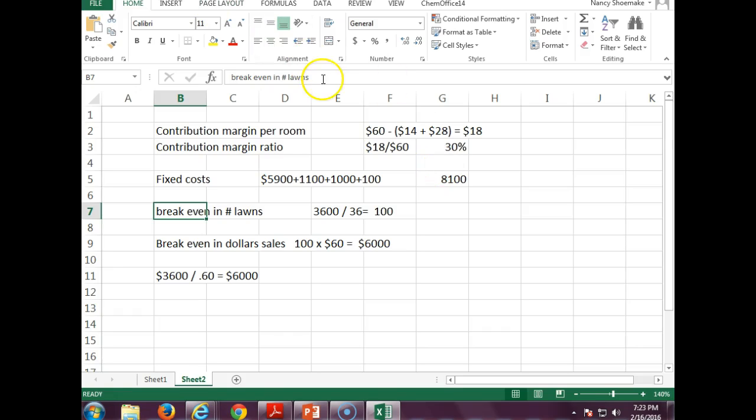Break even in number of rooms. So, how are we going to figure this?